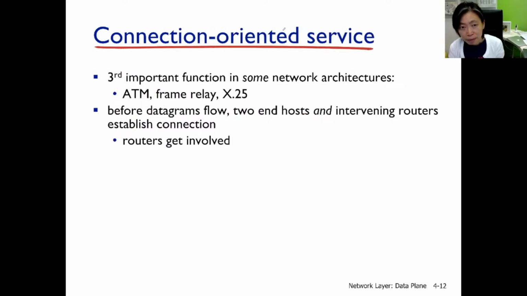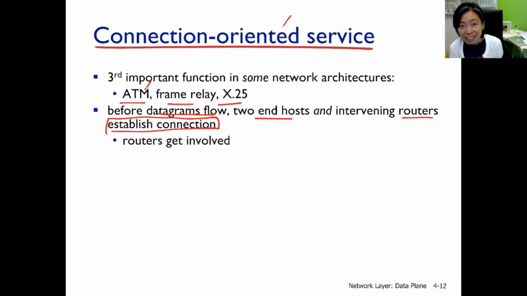The second camp, the connection-oriented service, is the opposite. The end systems, as well as the routers in the middle, would actually exchange messages and establish a connection before the data flows. This is implemented in some of the old architectures, old systems. ATM, this is not the bank ATM machine that you withdraw money from. This is a specific computer network that was designed in the 20th century.